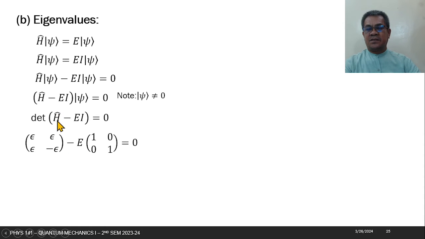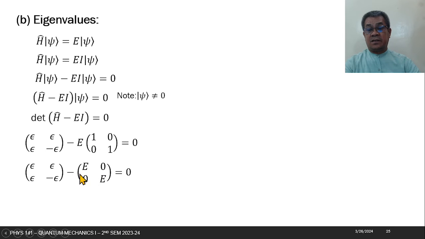So we will replace this with the result in letter A, then minus the eigenvalue E multiplied by the identity operator, a 4 by 4 operator or matrix, then equate to 0. Then you can multiply this eigenvalue inside this matrix.